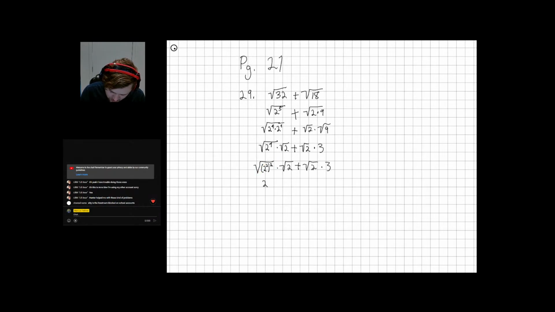So we're going to get 2 squared times square root 2 plus square root 2 times 3. And this is just going to be 4. But notice that we can take the distributive property to get rid of this. So we're going to get 4 plus 3 times square root 2 by the distributive property.